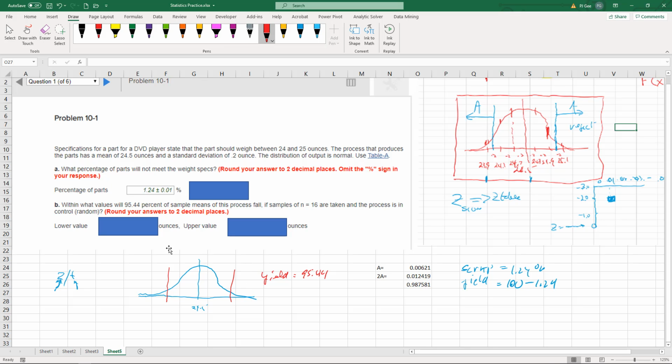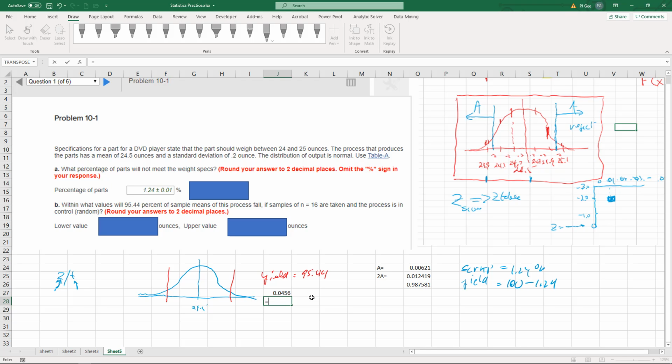Now we're going to have to look at the area that complements the yield. We're looking at the scrap. So what we need to do is find one minus 0.9544, and we're going to take half of that, because we're going this direction.